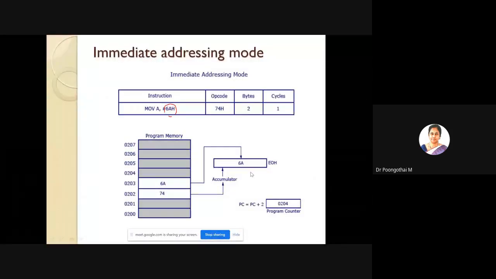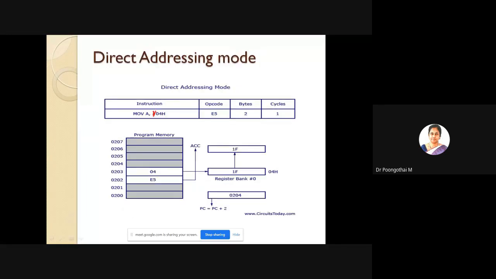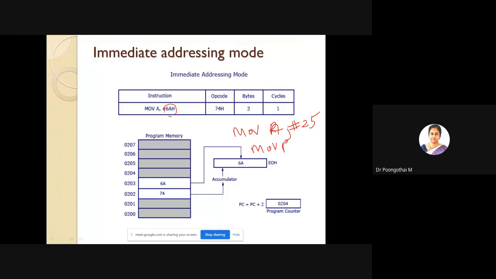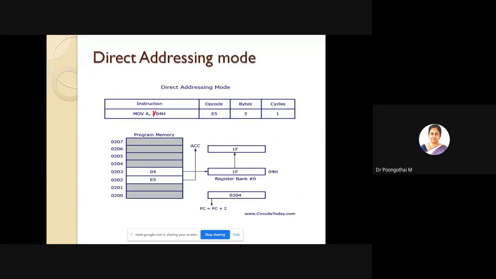So, example instructions for immediate addressing mode. Note down some of the examples: move A comma hash 25 and move R4 comma hash 62. So these are some examples of immediate addressing mode. Next addressing mode, direct addressing mode.